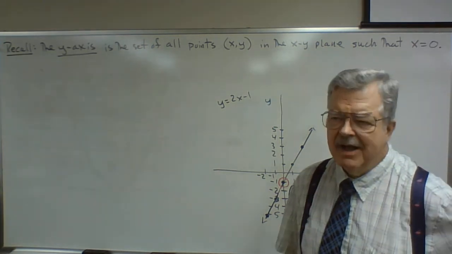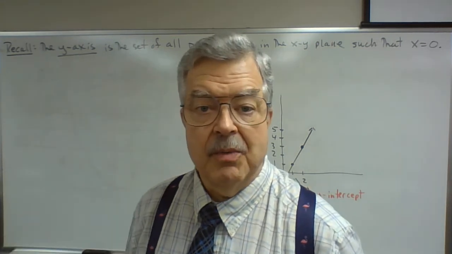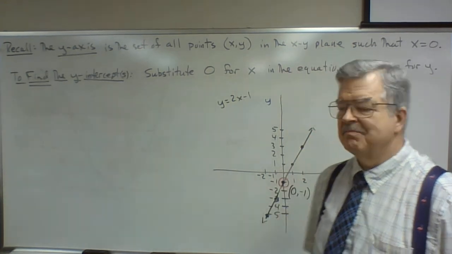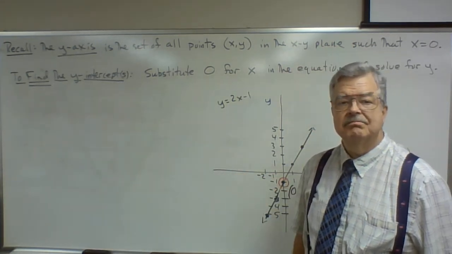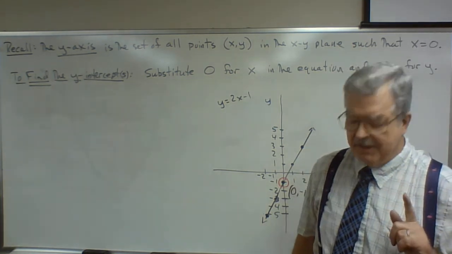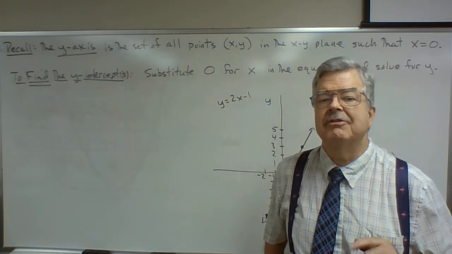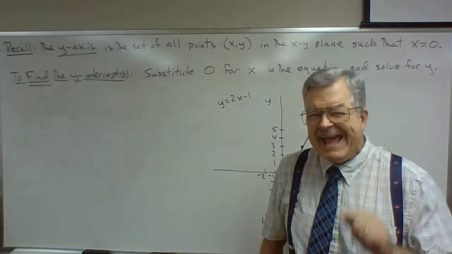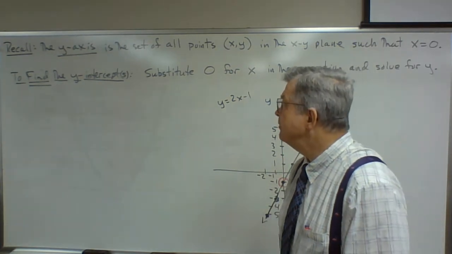So how do we find the y-intercept, or the y-intercepts plural? How do we find the y-intercepts? Well, we know something. If a point in the xy plane is a y-intercept, then the x-coordinate of that point has to be 0.